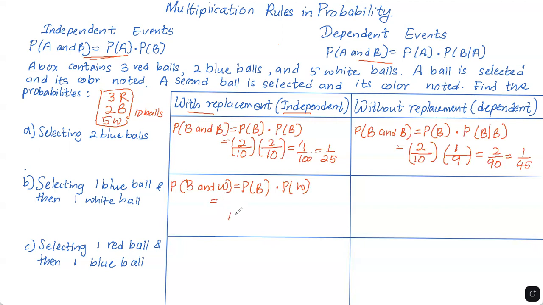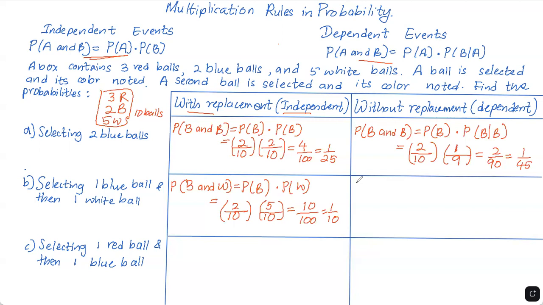In the box we have 10 balls and there are 2 blue balls. And then with replacement, again we have 10 balls for the second choice. How many of them are white? We have 5 white balls. So this one is 10 over 100, which is 1 over 10.